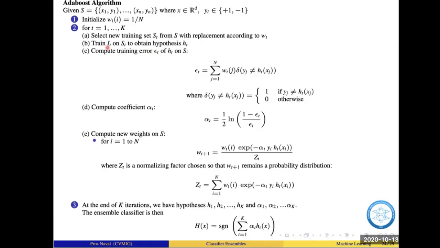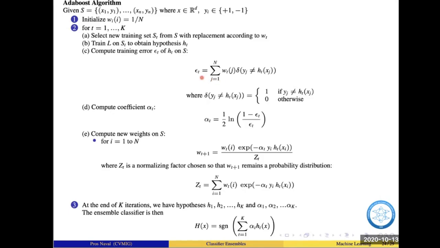Then we train L on St to obtain the hypothesis Ht. We compute the training error epsilon t of Ht on the entire training set.